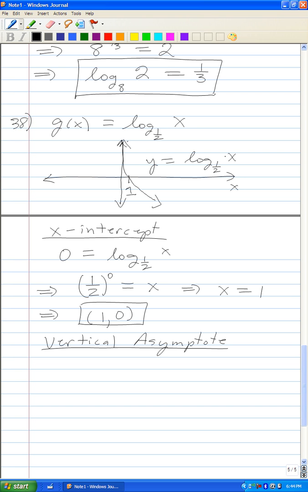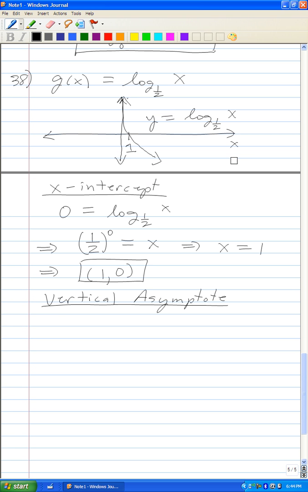Well, this logarithm would be undefined when what's inside the logarithm is 0, because we can see that any base to a power cannot equal 0. So therefore, we can't have 0 inside. And so the vertical asymptote occurs when I set what's inside the logarithm to 0, which in this case is x. So the vertical asymptote is at x equals 0.